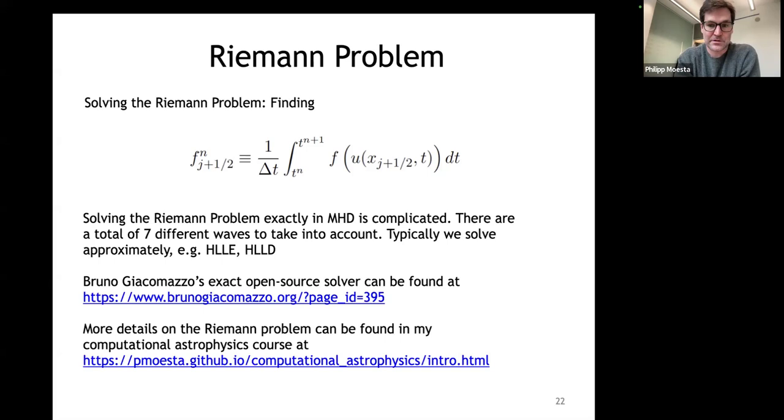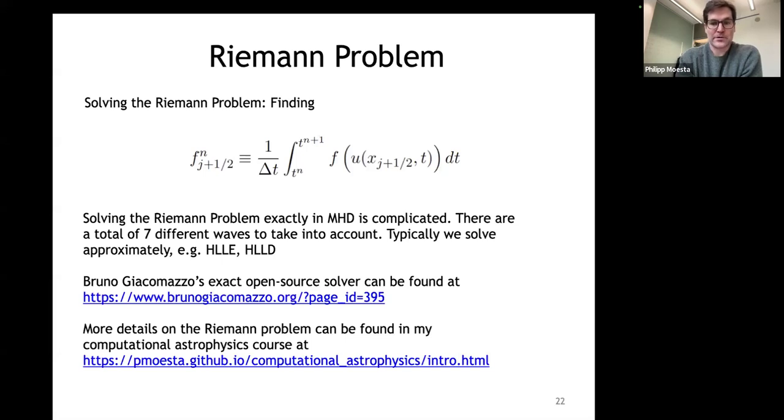But if you're interested in seeing more, there are two resources that I want to point you to. One is Bruno Giacomazzo's exact open source Riemann solver that you can see at this link. The slides will be posted later as well, so you don't have to note these down now. There you can look at how a Riemann solver is solved exactly in MHD.